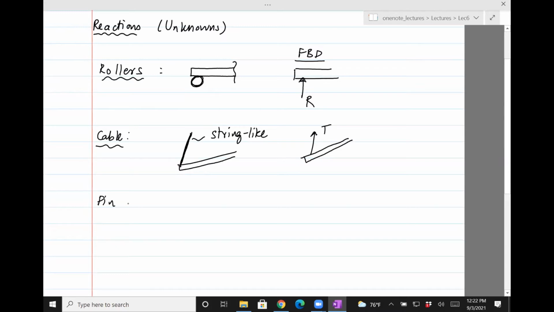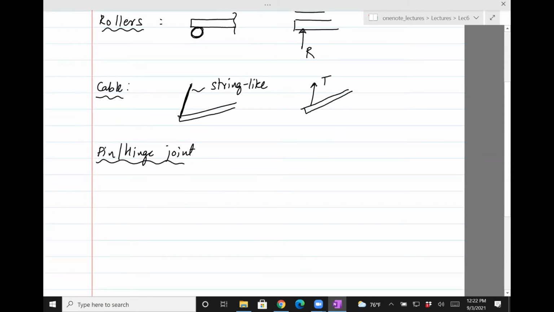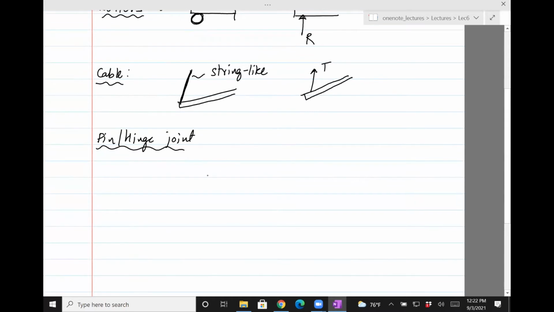The more common one is a pin joint or a hinge joint. The way we'll denote this joint is something like this. Let's say there's a beam which I'm going to cut, and when I draw the free body diagram for the pin joint, I need to replace it with two forces.